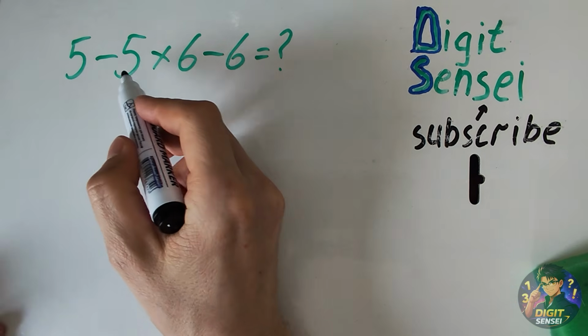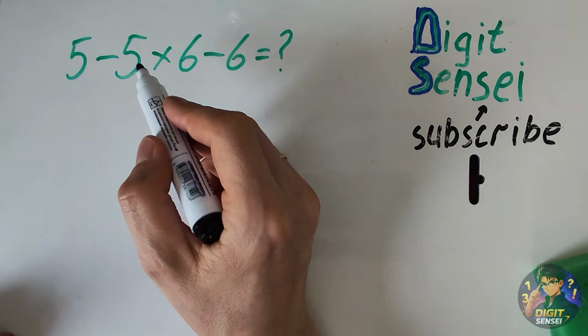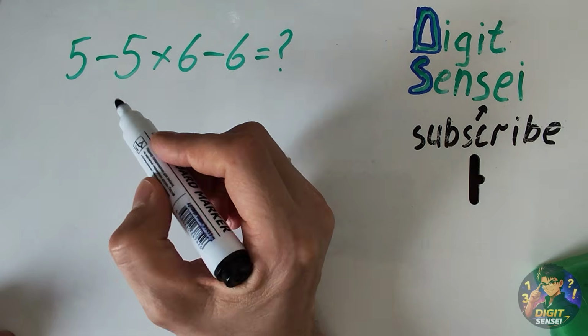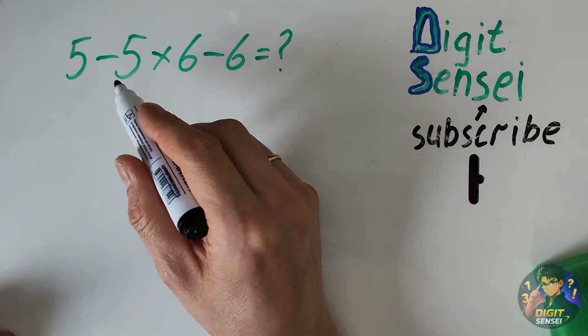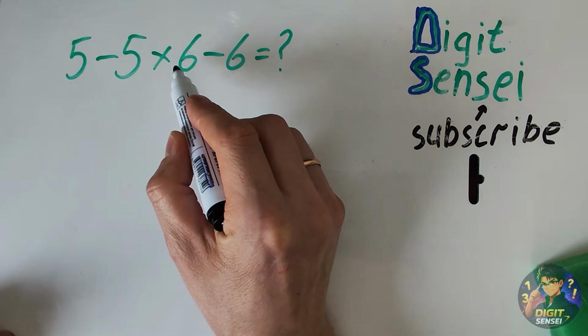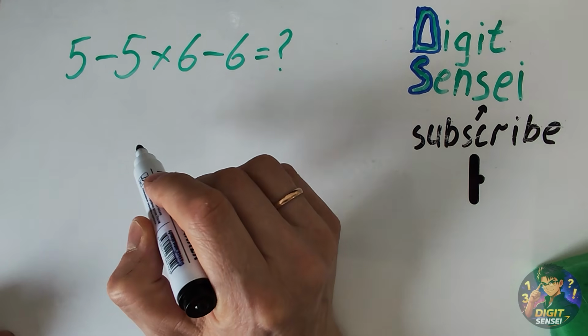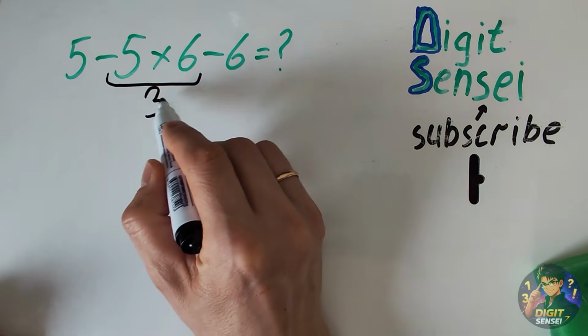In this expression, we have 2 subtractions and 1 multiplication. According to the order of operations, multiplication has higher priority than subtraction. And when we have more than 1 subtraction in an expression, we have to go from left to right. So therefore, first we have to do this multiplication, then this subtraction, and finally this subtraction. 5 times 6 gives us 30.